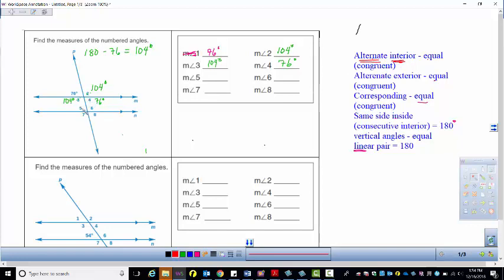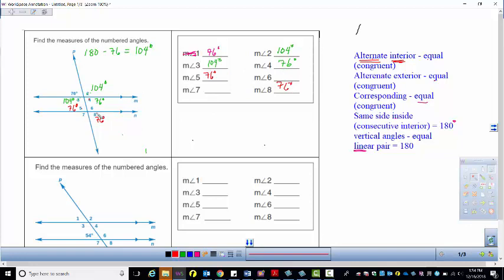So like 4 and 5 are alternate interior. They're opposite. So if this one is 76, that means angle 5 is also 76. And then I know that 5 and 8 are vertical. So that is 76. So 8 is 76.